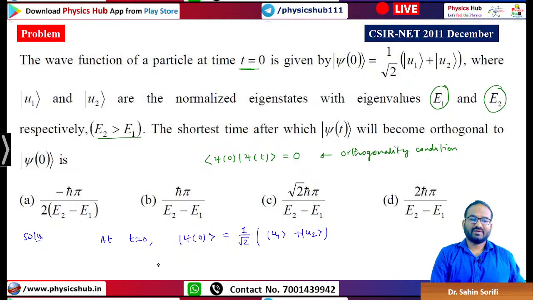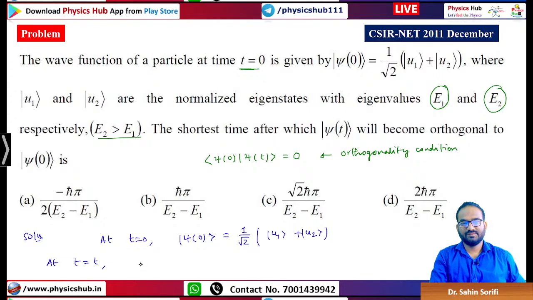So if I write at any time t the wave function will be psi of t. So 1 by root 2 u1, this is the space part, time part e to the power minus i E t by h cut.